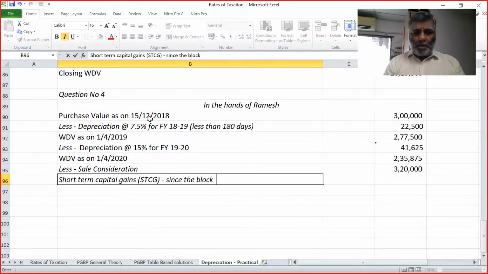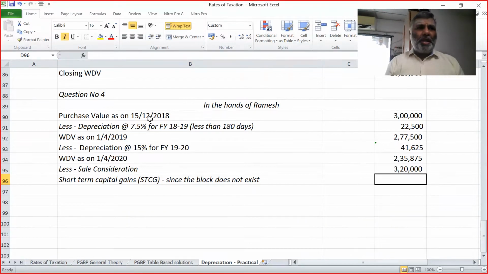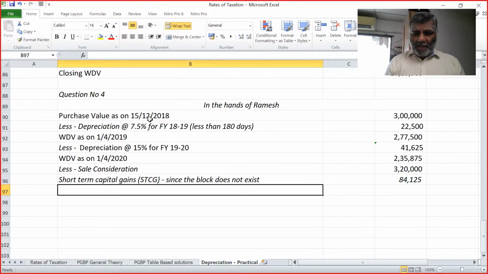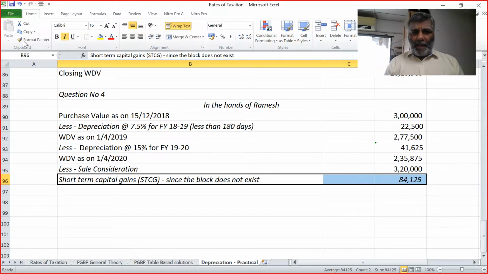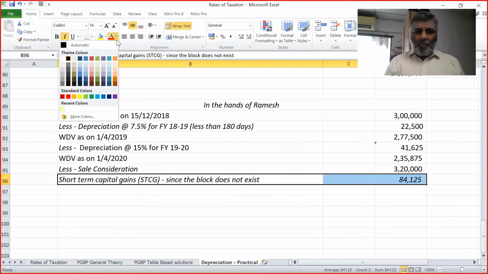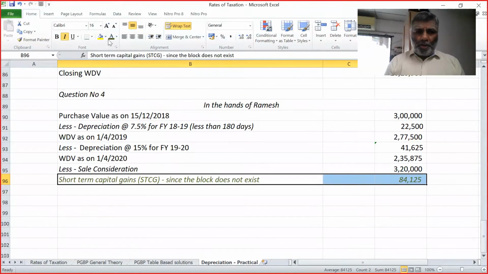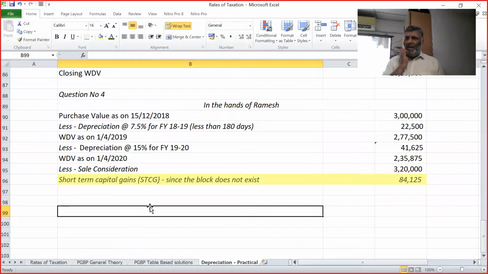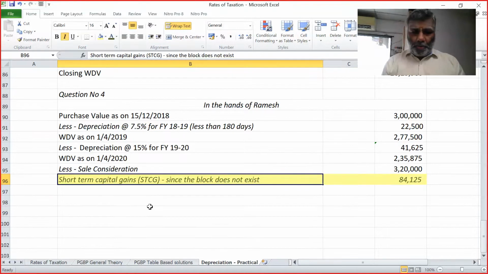Since the block does not exist, this being the only machinery, the block is gone. So he results in a short term capital gain of 84,125. This is for the financial year 2021.